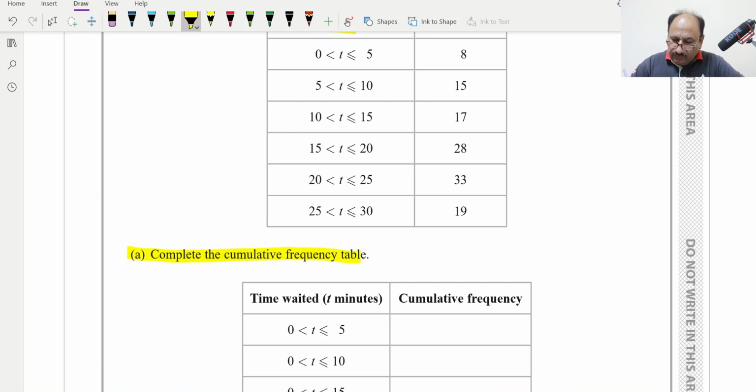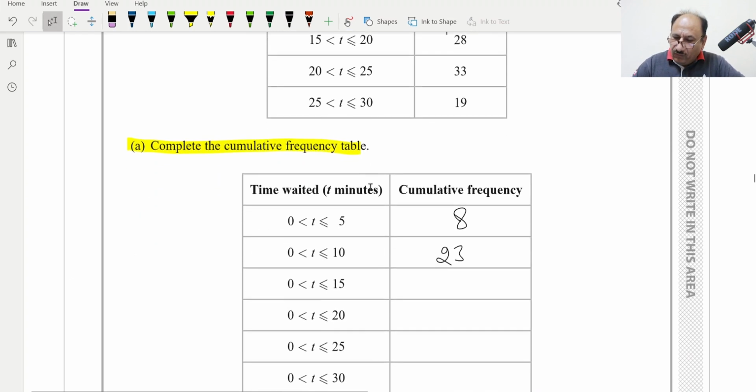So for cumulative frequency, we are adding the previous term with the next term. The first one will be 8 as it is. Next will be 8 plus 15, so that will be 23. Next will be 23 plus 17, which will be 40.